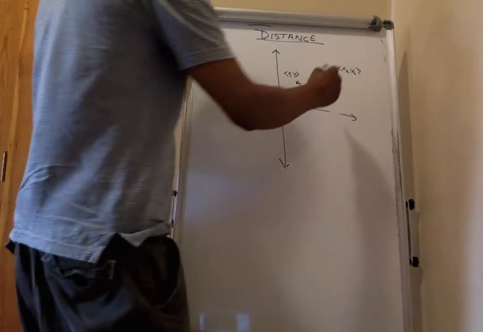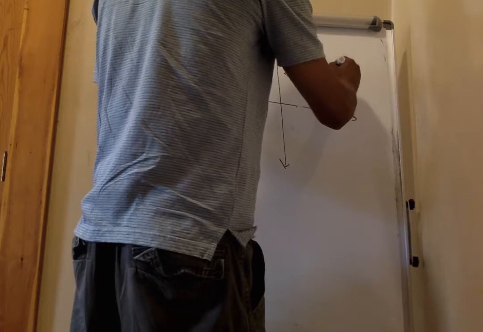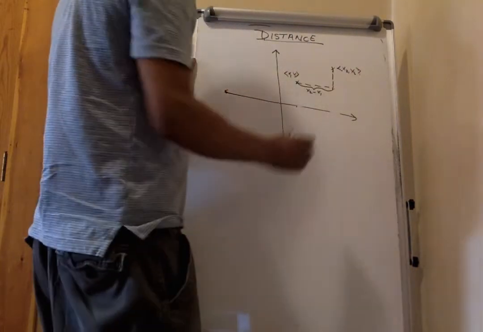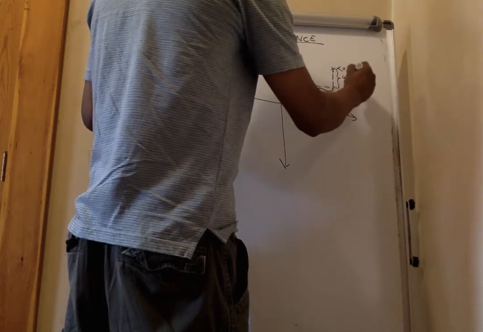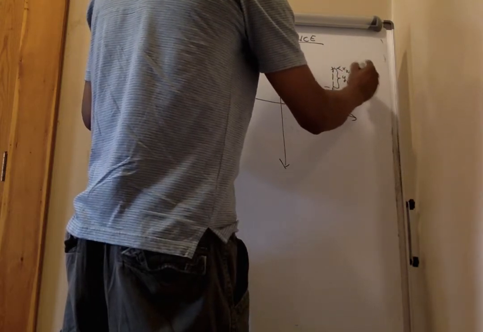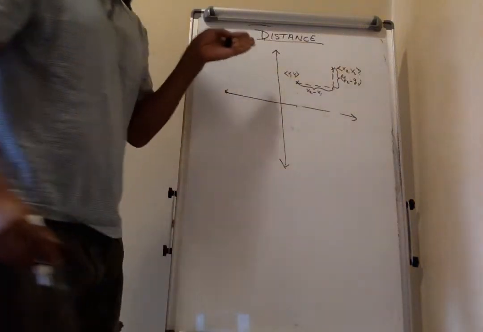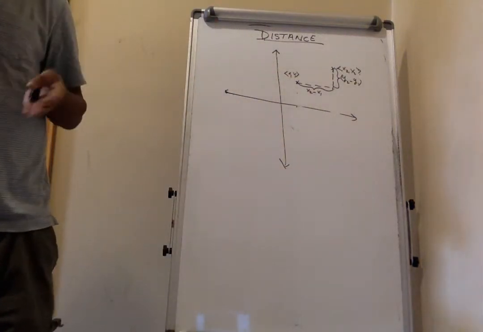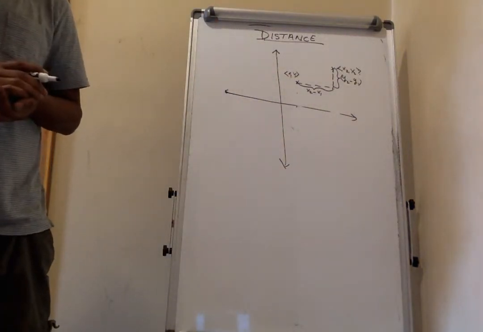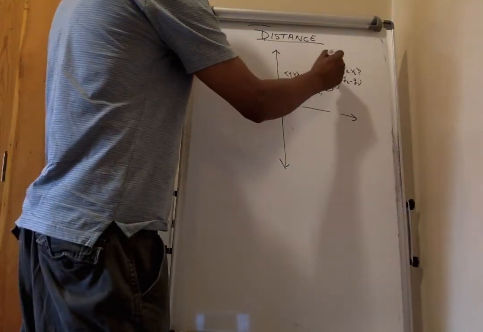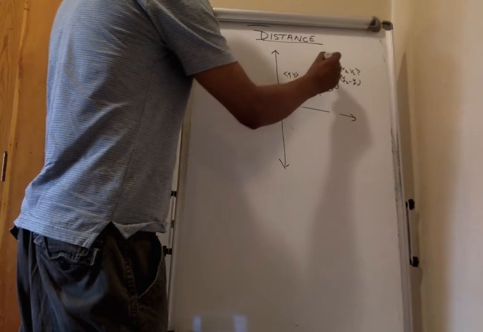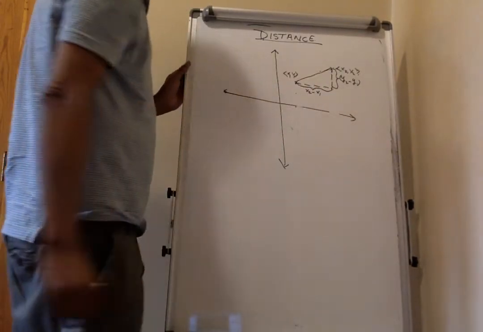And then if I go vertically, connecting these points, then I know the distance is y2 minus y1. So if we have done the horizontal and the vertical distance, we will end up with this. But what we are going to look for is the distance between this point and this point. So I'm going to connect this.